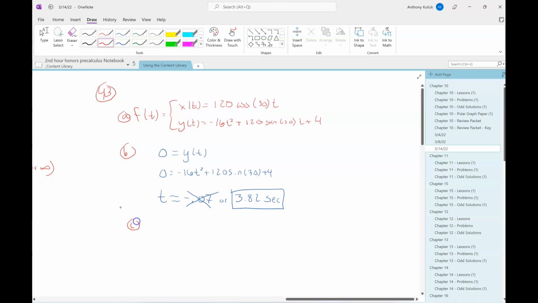And then C says, will the ball clear the fence? Well, to do that, we need to know the time it takes to get to the fence. So that's the time it takes to go 350 feet. So basically, we want to do y of t350 and compare that to 30 feet.